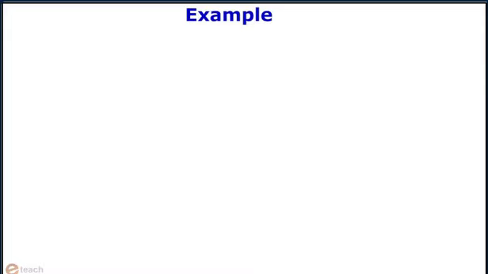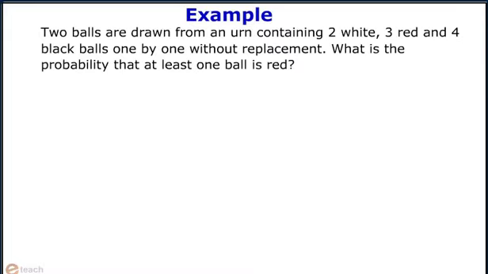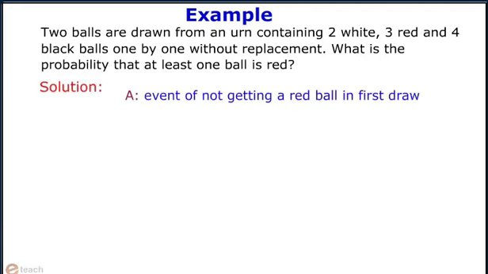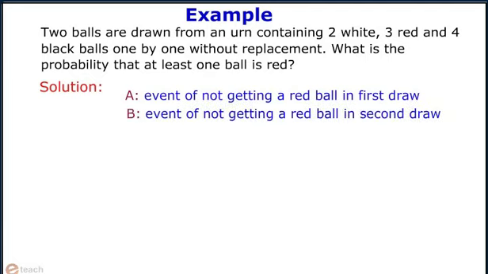Example: two balls are drawn from an urn containing 2 white, 3 red and 4 black balls, one by one without replacement. Then what is the probability that at least one ball is red? Solution: let A denote the event of not getting a red ball in the first draw and B denote the event of not getting a red ball in the second draw.